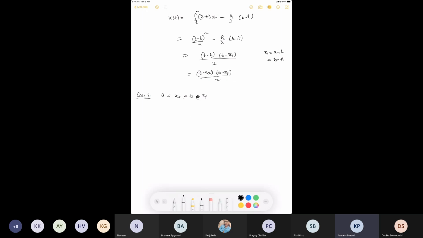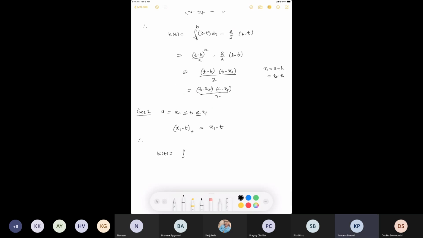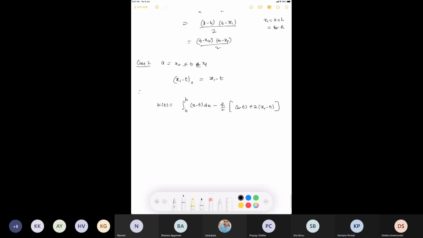In this case, the positive part of x1 minus t is going to be x1 minus t itself. So what is going to be Kt? Kt is the integral from t to b of (x minus t) dx, minus h by 2 times (b minus t) plus 2 times the positive part of x1 minus t, which will be x1 minus t itself.